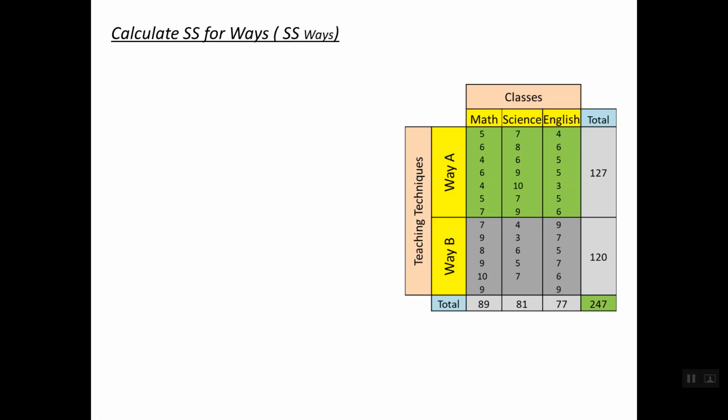Now we need to calculate the SS for the first factor, which is the SS for the ways.